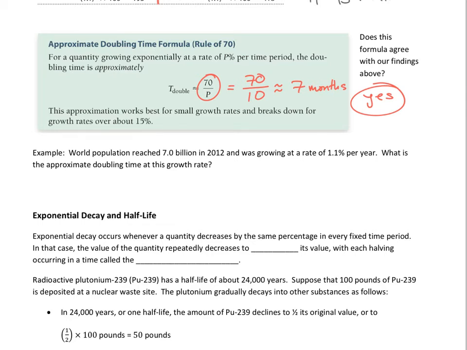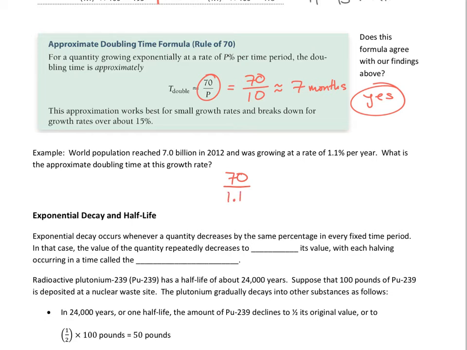And one more example of this, we can use this to figure out world population. We can deal with huge numbers, like the world population reached 7 billion people in 2012 and was growing at a rate of 1.1% per year. What is the approximate doubling time at this growth rate? All we have to do is take 70 and divide it by our growth rate.